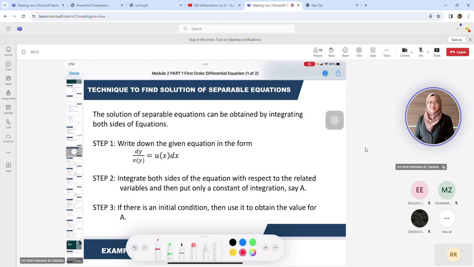So what is separable method? I already summarized that method, so you can follow step by step. This is the step for separable method. First, you need to write down the given equation in form of separable, or in easy words, you need to prove that DE is actually separable differential equation.